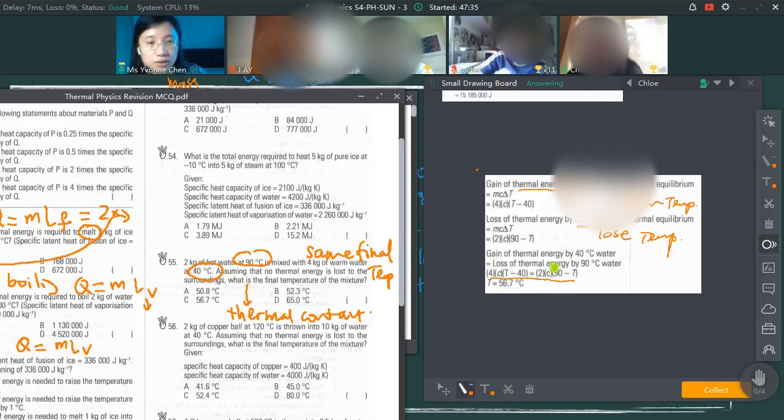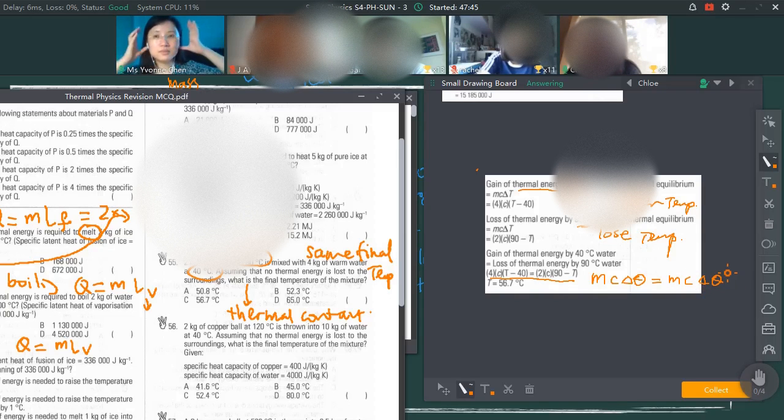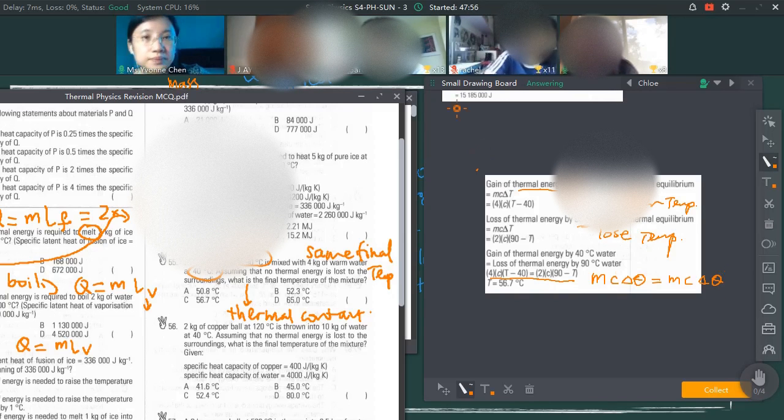So it uses the concept m times c times delta theta equals the other m times c times delta theta. Okay, understand? Okay.